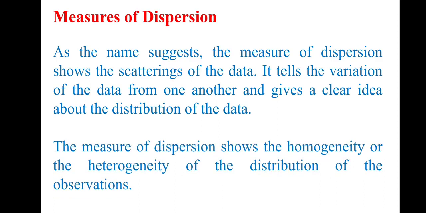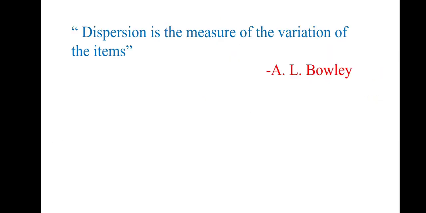The measures of dispersion show the homogeneity or heterogeneity of the distribution of the observations. That should be in the same observations, so that the same kind of data will be observed or facts will be considered. Dispersion in a simple way, Professor A.L. Bowley has defined: dispersion is the measure of the variation of the items.